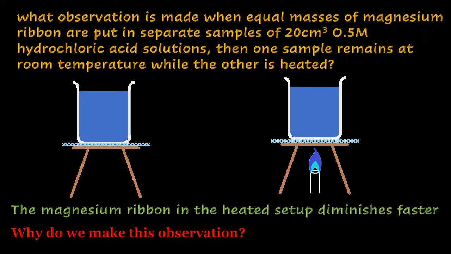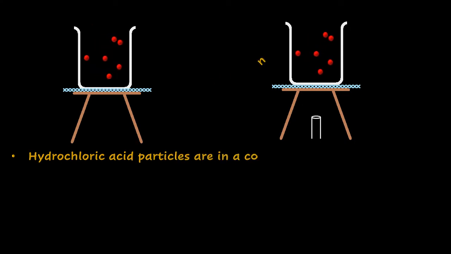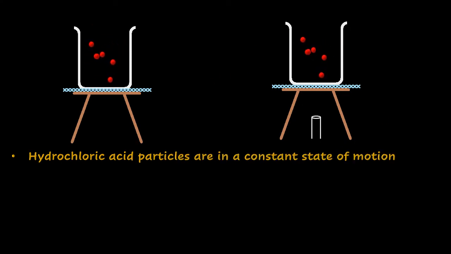Sticking to the concept of kinetic energy, we'll know that hydrochloric acid particles are in a constant state of motion. At room temperature, we will see that the rate of movement of these particles is the same.